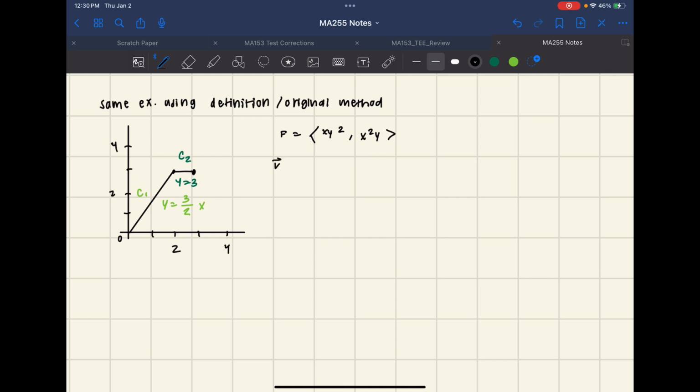You're going to start by rewriting it in terms of t. So C1 is from 0 to 2, and then this is from 2 to 3.